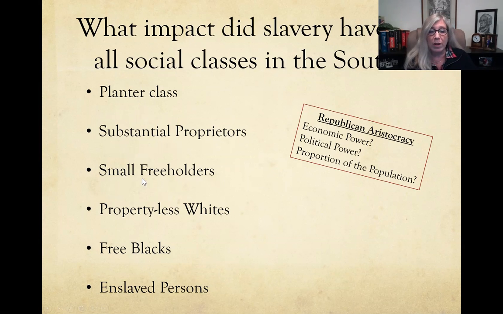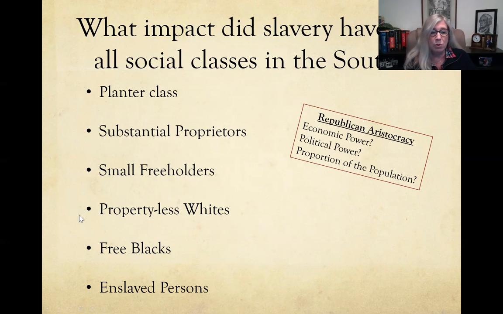Then when you have small freeholders, this means that they own land. They may or may not have slaves. If they do have slaves, it may only be 1 or 2. So these are not people who would have a large income, but still they own their own property. They're controlling their own economic situation.